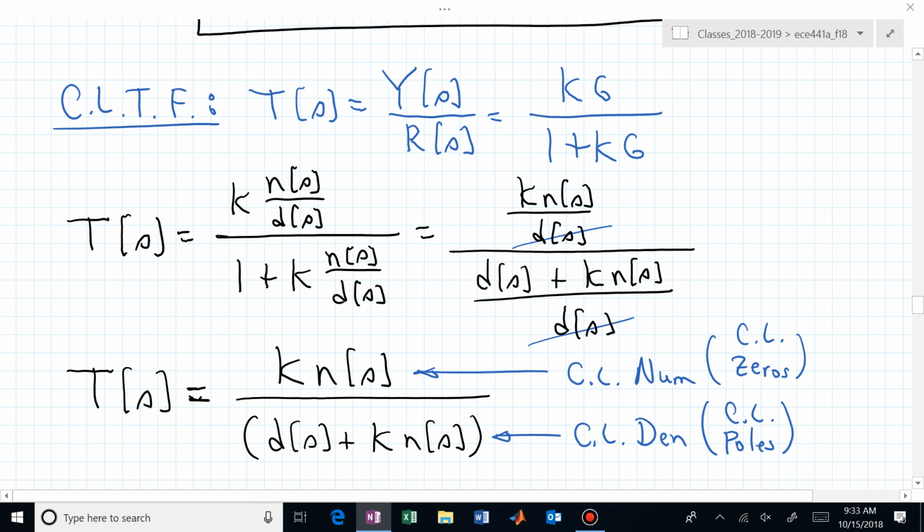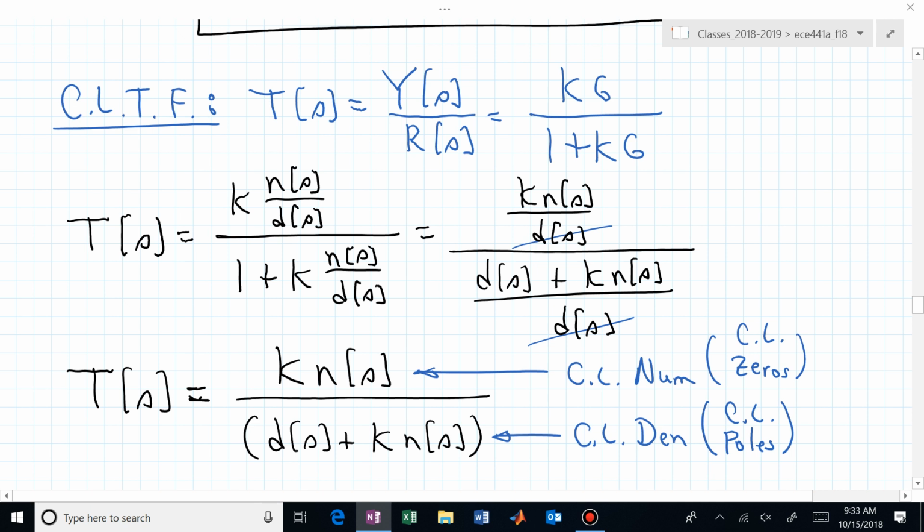Our closed loop denominator is now some mix of the open loop pole polynomial D of s and the open loop numerator polynomial, and we're making that mix through K. As we adjust K, that starts manipulating the closed loop poles.